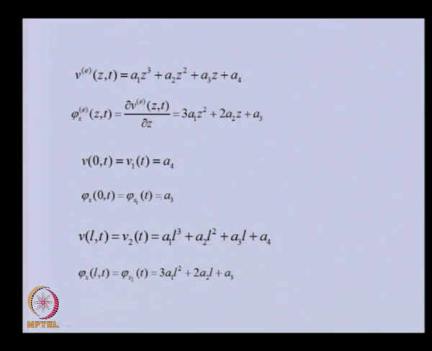Similarly, if we put Z equal to L in the displacement term we will get this, and in the slope term we will get this. So we have 4 equations and 4 unknowns A1, A2, A3, A4, and they can be solved because they are simultaneous linear equations.